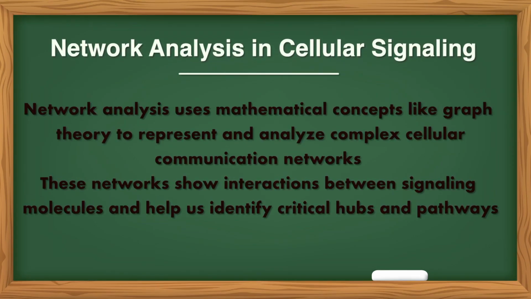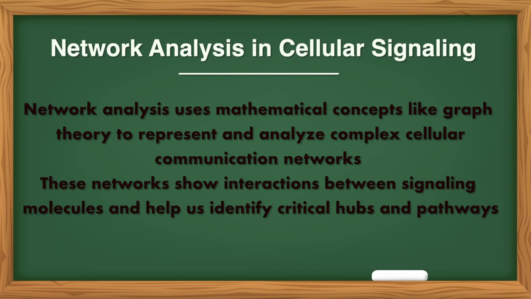Network analysis uses mathematical concepts like graph theory to represent and analyze the complex cellular communication networks. Now, you must have noticed the concepts of ODEs, graph theory and vector spaces that we have already learned in our previous lectures. So, let us continue the lecture.